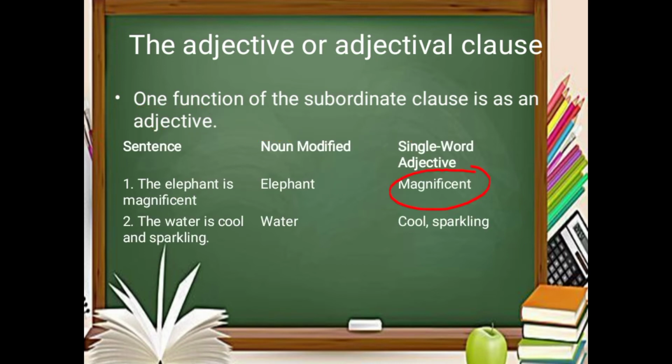For example, magnificent describes the noun elephant. Magnificent is an adjective. The water is cool and sparkling. Cool and sparkling are adjectives. They modify or describe the noun water.